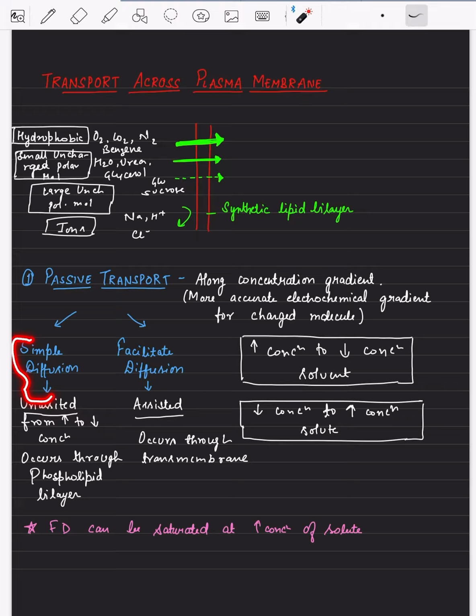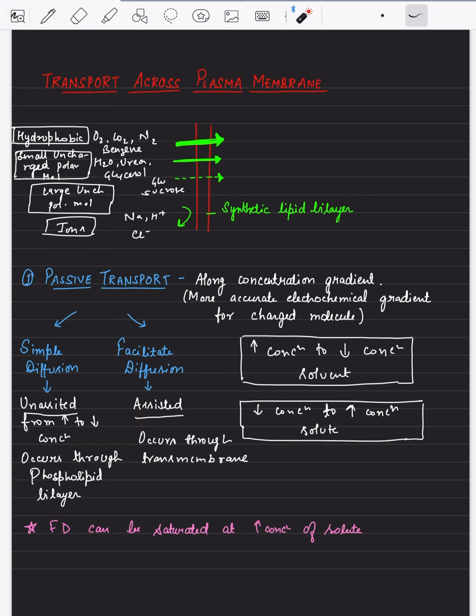This simple diffusion is unassisted. It means it does not require any kind of help. It will be carried out from higher concentration to lower concentration. So it occurs normally across the phospholipid bilayer. Whereas facilitated, as the name itself suggests, this movement will be facilitated or assisted.